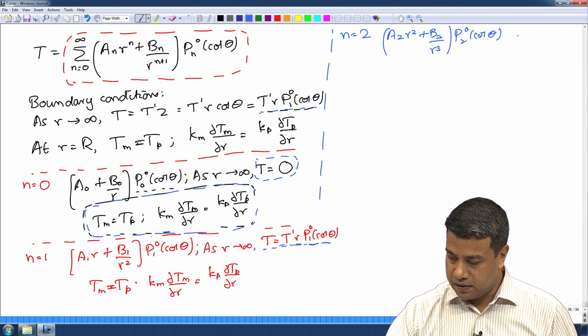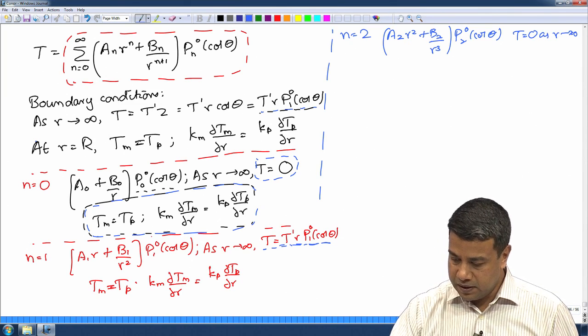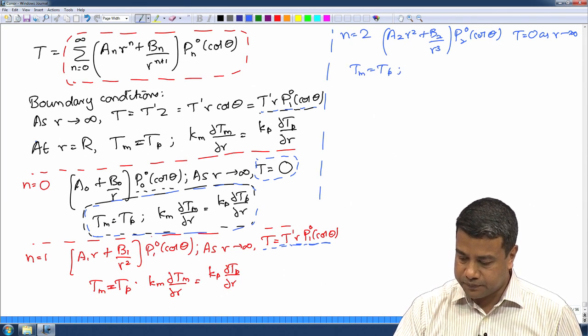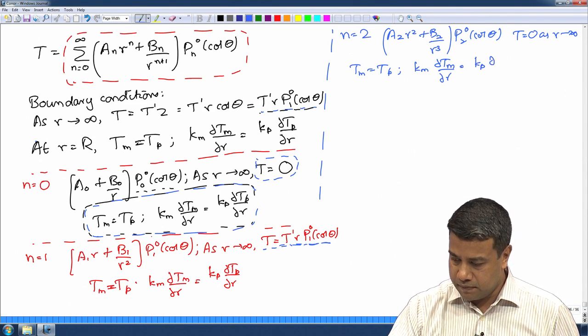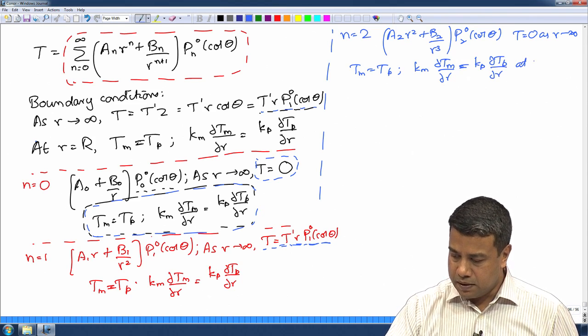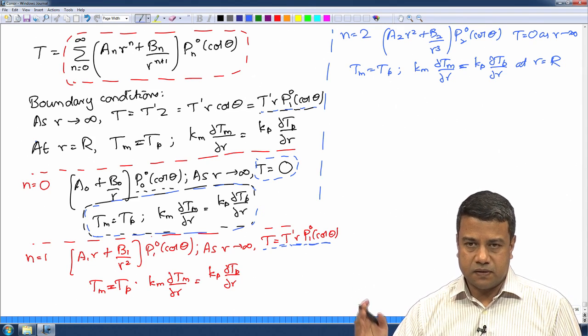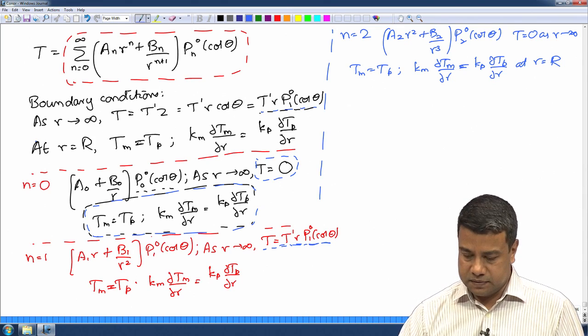So, basically I have T is equal to 0 as r goes to infinity. Then I have the homogeneous boundary conditions, Tm is equal to Tp at r is equal to R. 0 temperature satisfies all of these conditions as well, and so on for all other orders n.